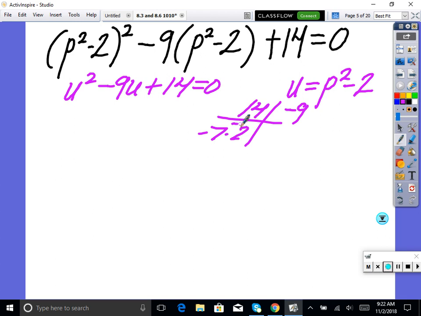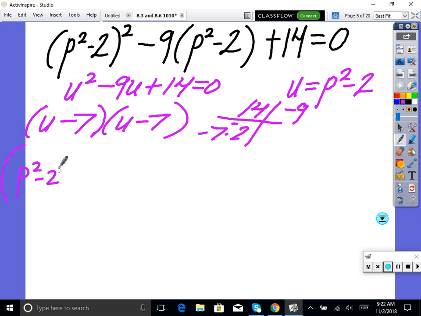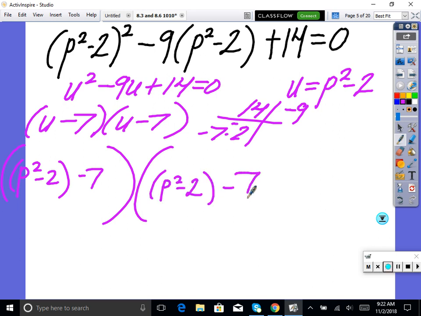Okay, can I quick factor? U minus 7 and then u minus 2, but u is not u. U is p squared minus 2. So we have parentheses, p squared minus 2 minus 7. Then we have parentheses, p squared minus 2 minus, that's a 2, minus 2. Okay, so now what is this actually?